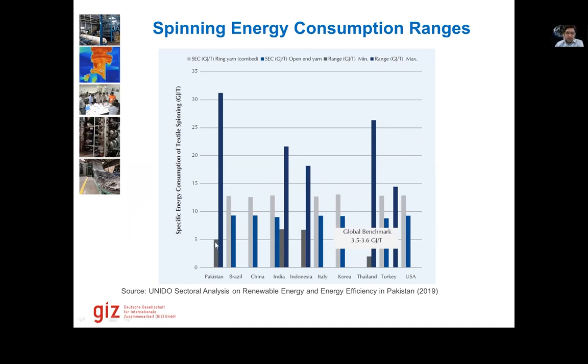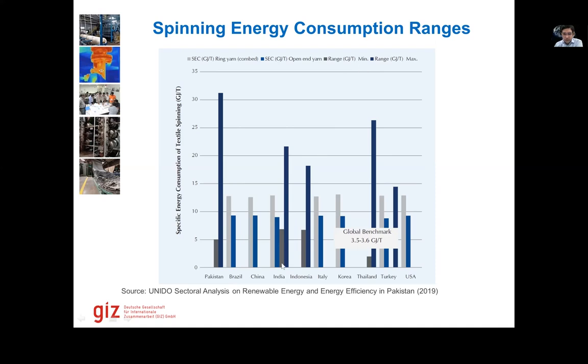So you can see that for Pakistan we had 5 gigajoules per ton, ranging up to 33 gigajoules per ton. And for different countries we have different ranges of values. Light gray is for ring yarn which is combed. This blue color is open end yarn, and then we have minimum range in dark gray and maximum range in dark blue.